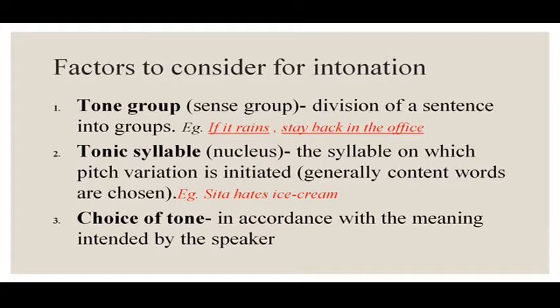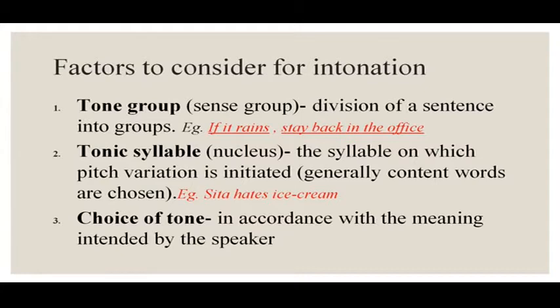In other words, the speaker will initiate pitch movement only on that syllable which fits the meaning that he wants to convey. Say, for example, in the sentence, Sita hates ice cream, special emphasis can be given on Sita, or hates, or on ice cream. If the speaker wants to convey that it is Sita in particular and not anyone else who hates ice cream, the choice for pitch movement would be Sita.